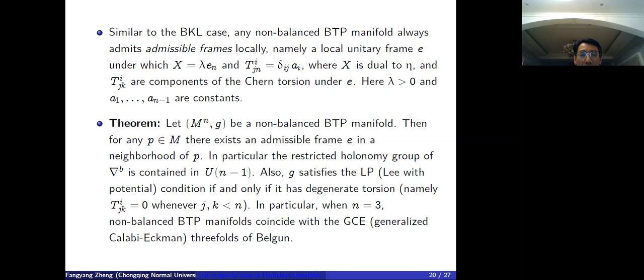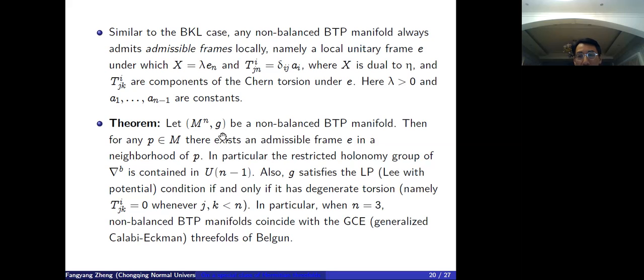Okay, and there is this Lewis potential condition introduced by Angella, which is given in terms of the differential of the Kähler form. So d omega has to be decomposable in a simple way. That's what he called Lewis potential.